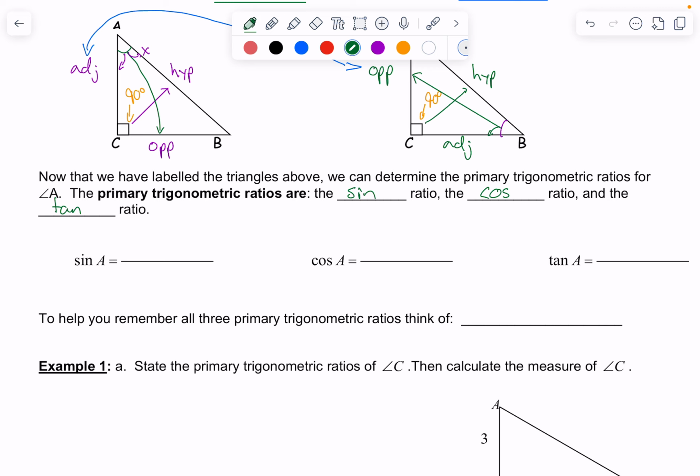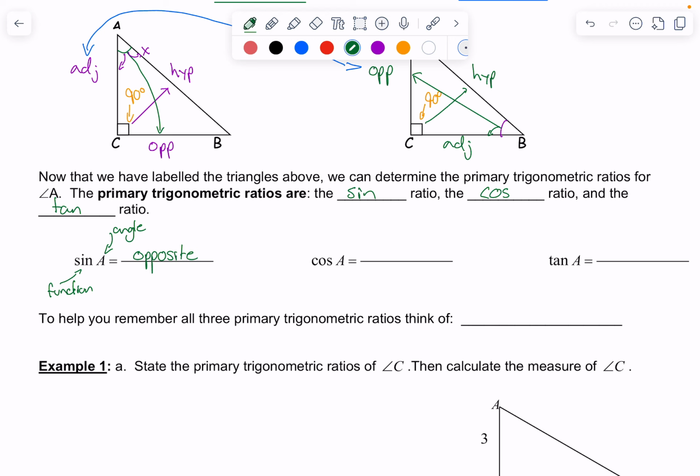I keep using this word ratio a lot, so let me use the word comparison instead. We'll compare different sides of the triangle. So the sine is going to compare the opposite side length relative to this angle. What you're inputting into your ratio is an angle. This is the ratio, the function, okay?